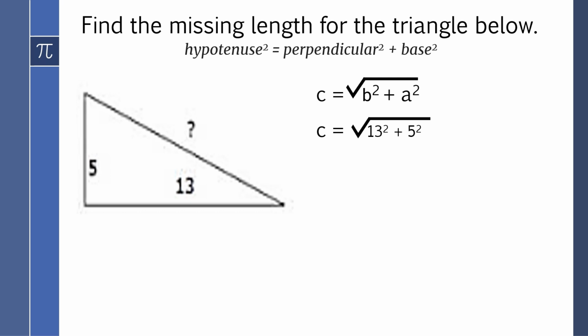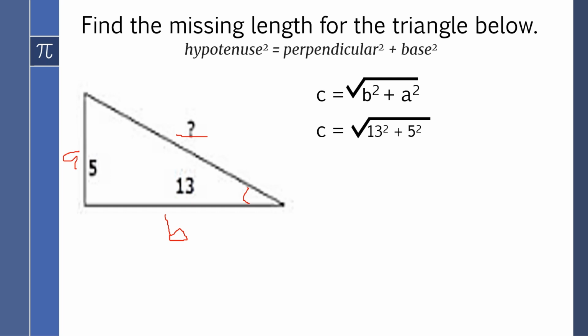B is the base, and here's our base. And A is the side that's opposite this angle. We have to find the length of the missing side, which is C, our hypotenuse.